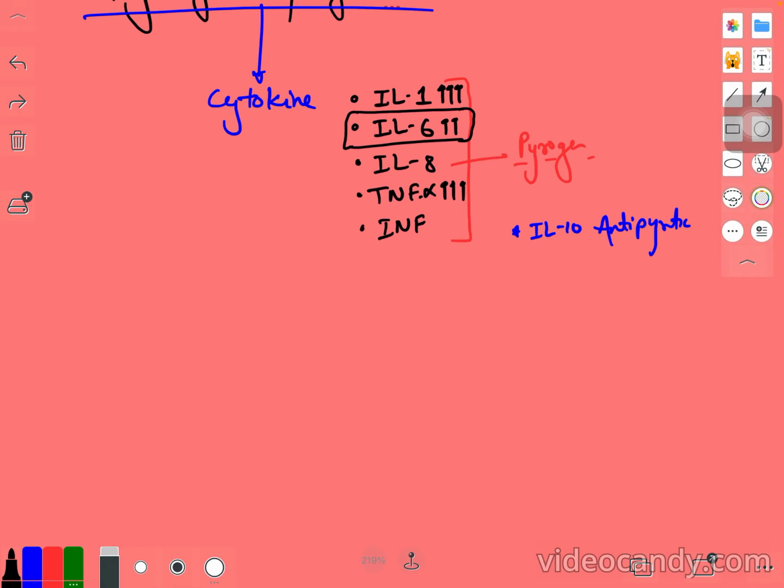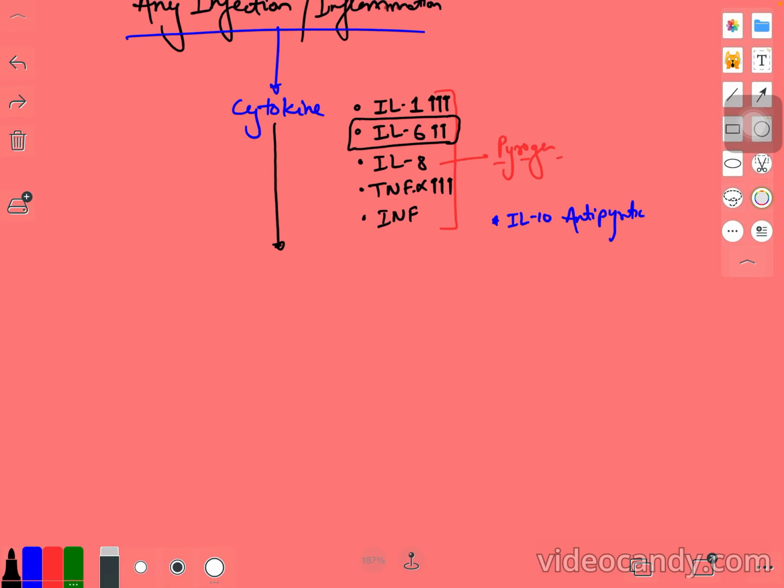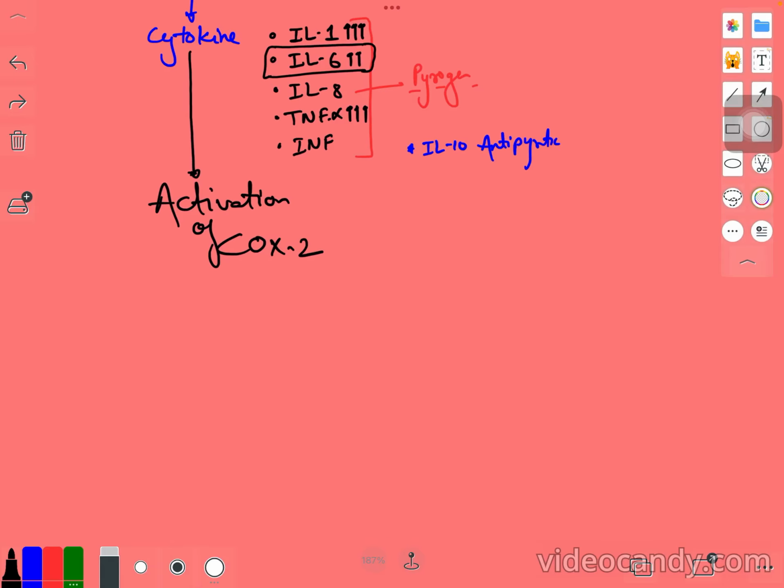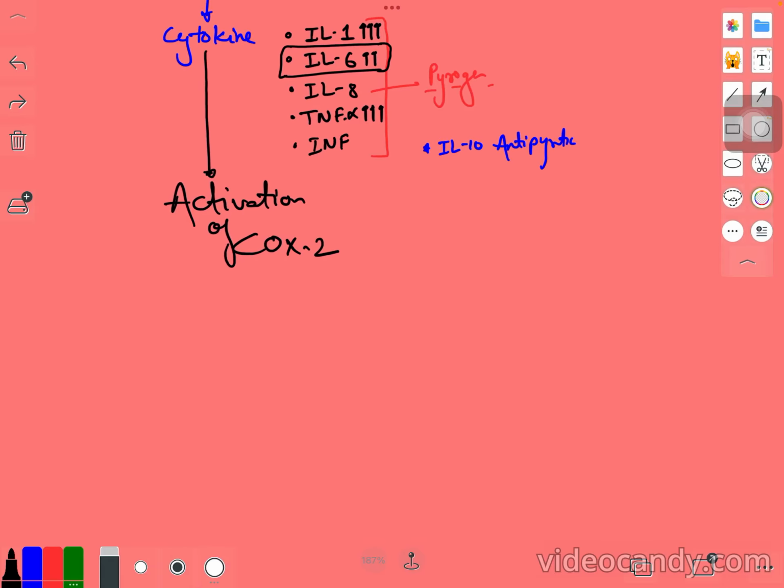When these pyrogens are released into the bloodstream, their main function is to cause the activation of COX enzyme, in particular COX-2. In upcoming lectures, I'll talk about the COX enzyme when I talk about NSAIDs, where we will know that there are several types of COX enzyme, in particular COX-1, COX-2, and hypothetically also COX-3.